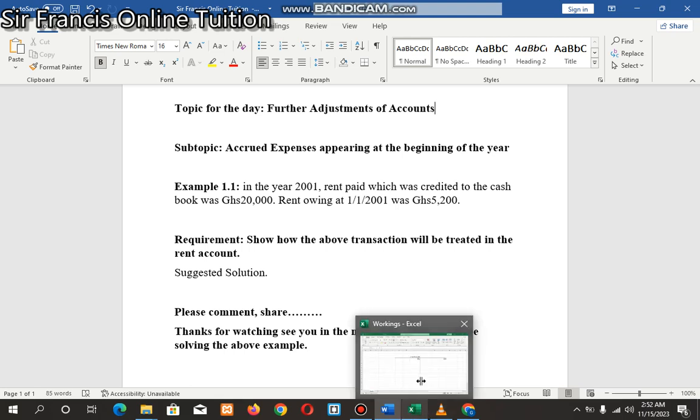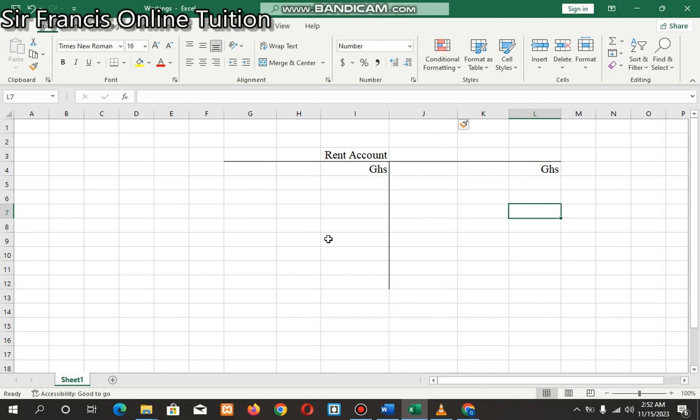Now just open a new page of your book or anything that you are using. Then you have your T account. I believe most of us over here know how to set up a T account in accounting, and if this is your first time, this is how we write an account in accounting.